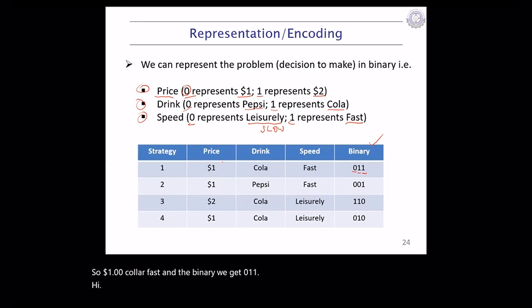And the second one, strategy 2, is price $1, Pepsi, and fast.